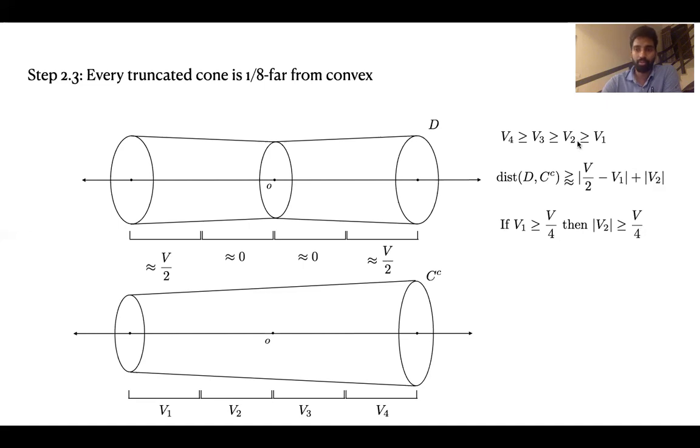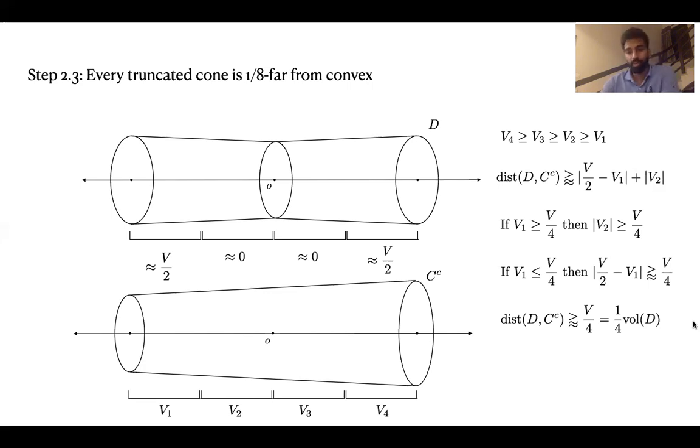Then because V2 is greater than V1, V2 is greater than V over 4. So the distance between D and CC is greater than V over 4. Similarly, even when V1 is less than V over 4, the first part would be greater than V over 4. So in both cases, the distance between D and CC is greater than V over 4, which is 1 over 4 times the volume of D.